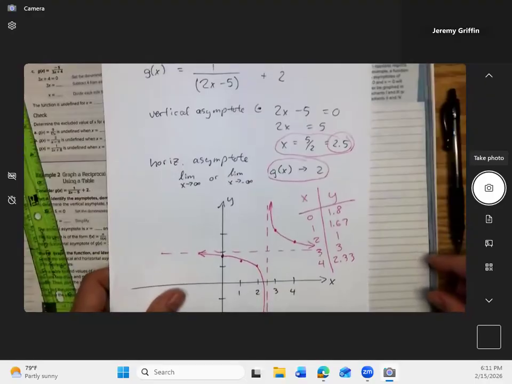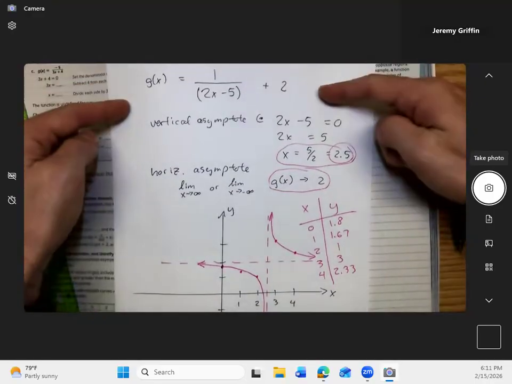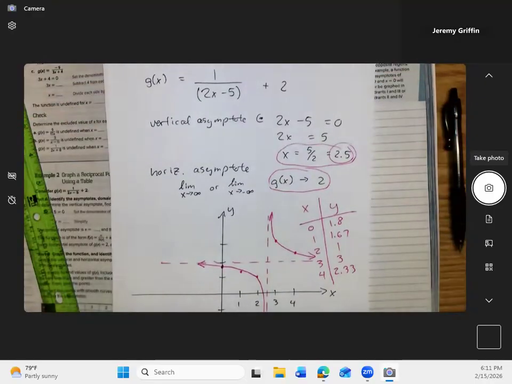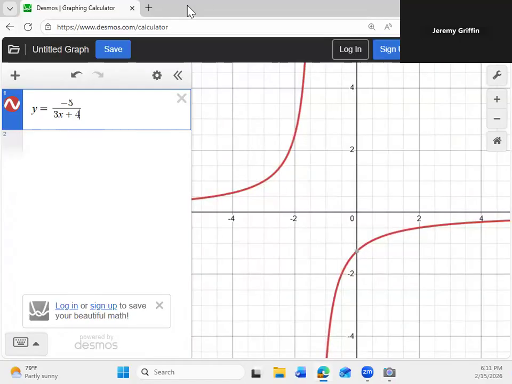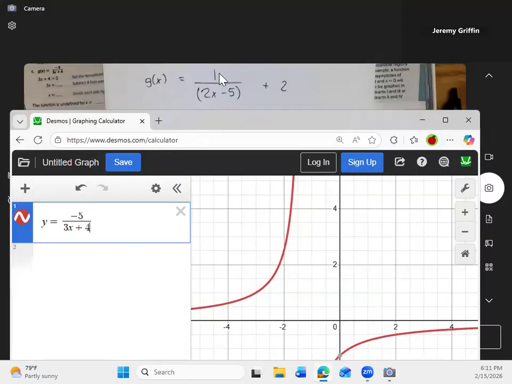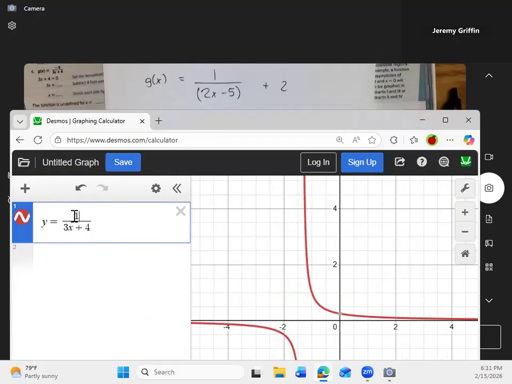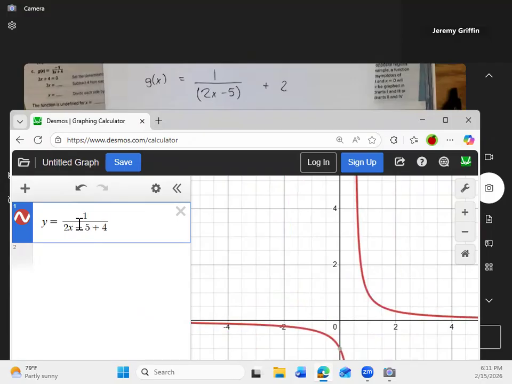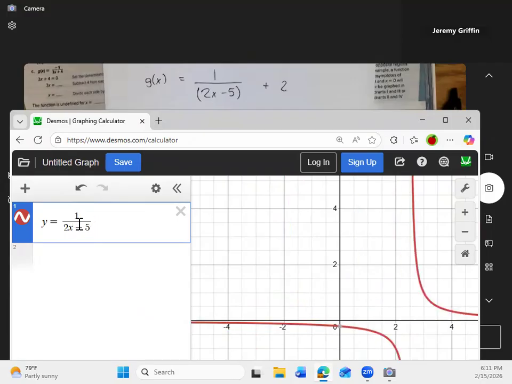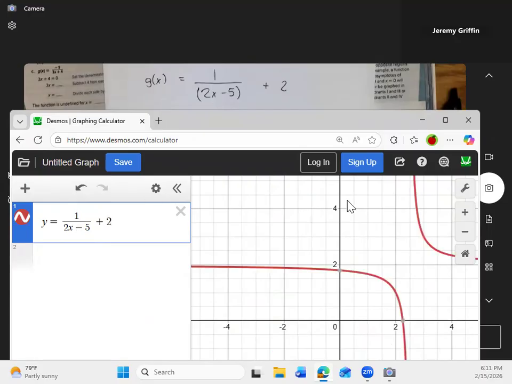Right, so right here, go to Desmos, type this in, and see if that's what comes out. Okay, so Desmos. All right, so I'm going to copy this right here. So I got 1 over 2x minus 5, and the whole thing plus 2, right, which would shift up 2.